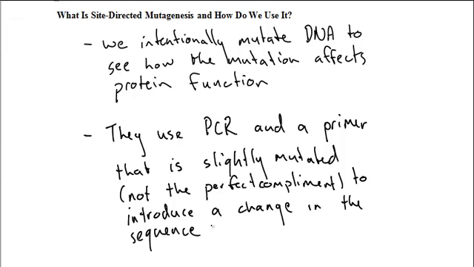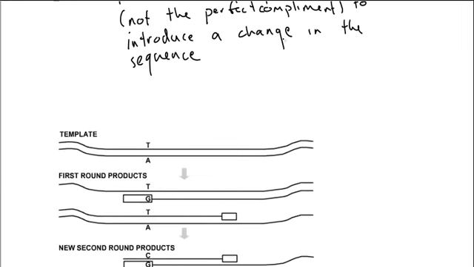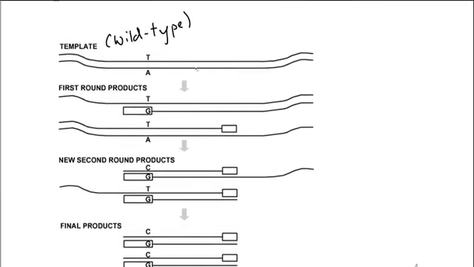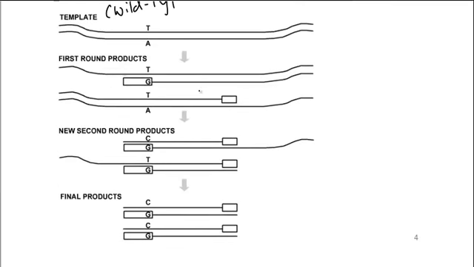So when you do site-directed mutagenesis, not every single copy is going to be mutated, because you're going to start out with your template, which is wild type. And that template's going to be in there for the entire sequencing PCR process. And half the time you'll be copying the template, but most of the time after the first round you're going to be copying the mutated version. So this primer is introducing a mutation.